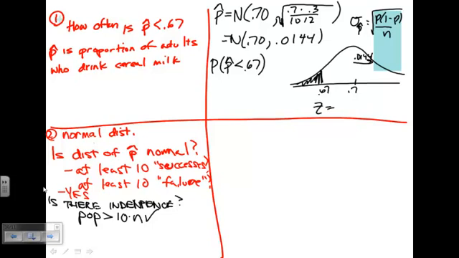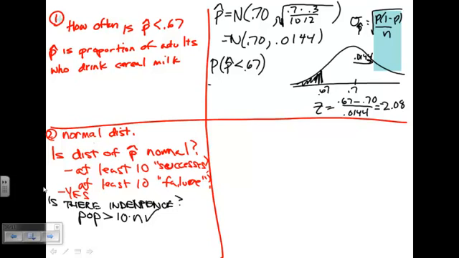Calculate the z-score maybe? We do want it to be normal, so we can use the z-score and use it in the table. How about the z-score is 0.67 minus 0.70 divided by 0.0144? Negative 2.083. So negative 2.08.